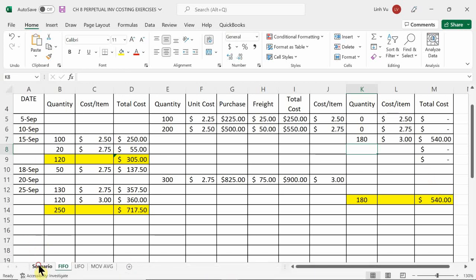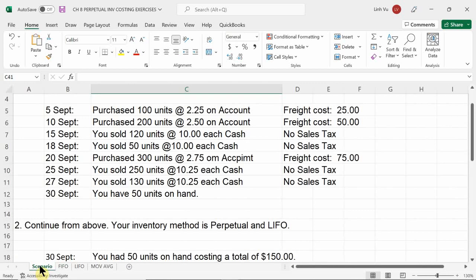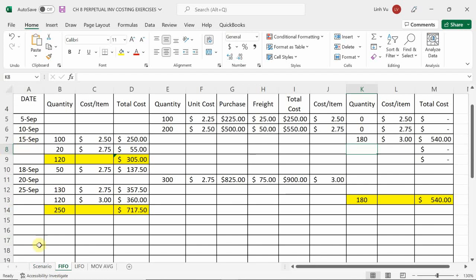All right. Last scenario here, on September 27, you end up selling another 130 units. So you end up remaining at the end of September a total of 50 units. Let's see if that's true. On 9/27, we sell 130 units. At this point, I only have one batch of inventory, currently at $3.